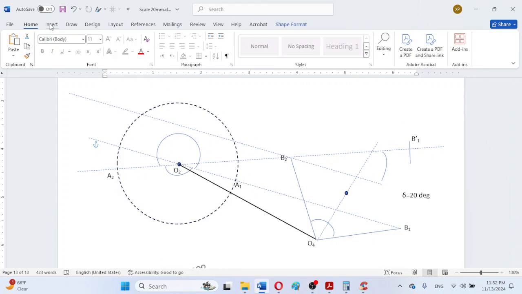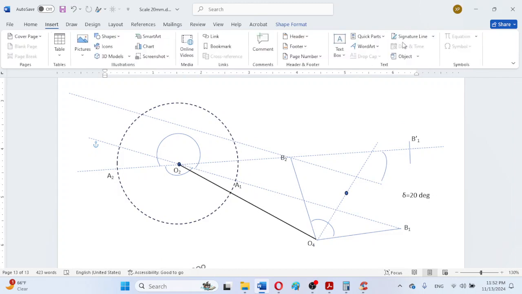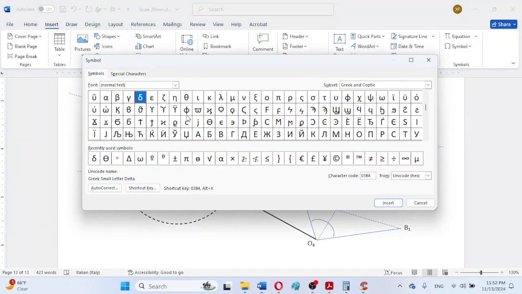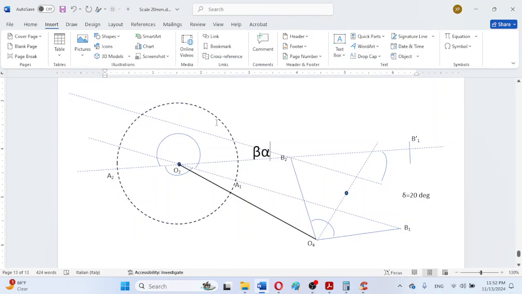And also if we want, we can insert the angle beta, for example here. This is angle beta, and also angle alpha here like this.